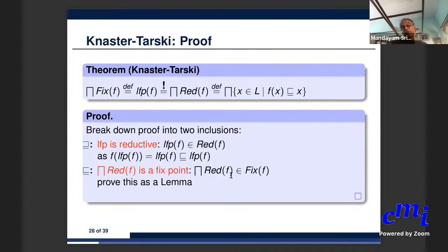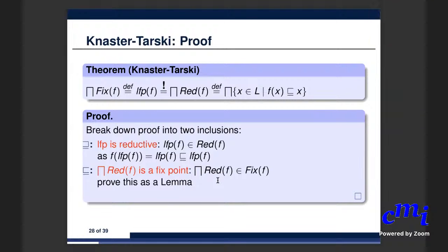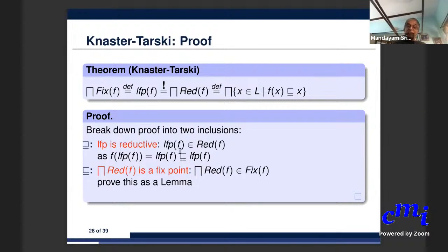So what is the least fixed point? It is a fixed point, and it has to be the least of all the things in that set. The least fixed point is indeed reductive, and therefore it has to be in that set.